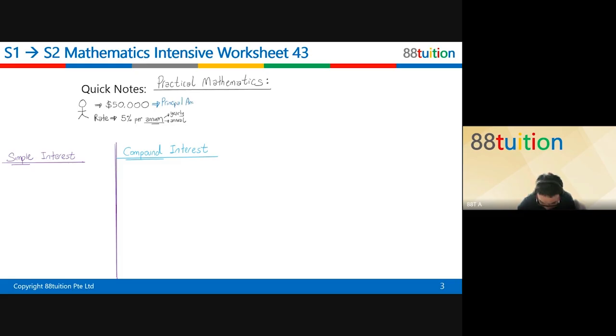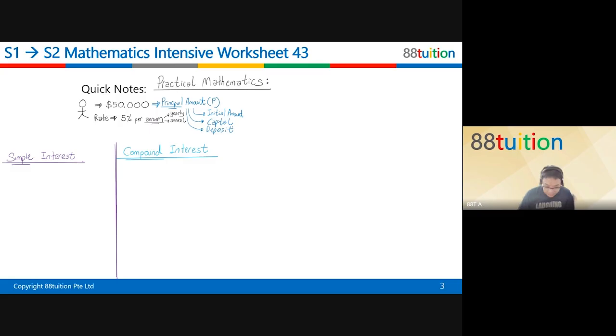And usually we write it as a P. Sometimes we can call it the initial amount, or sometimes the capital amount, even. So some of these words you must know. Or the question might say that this one is a deposit. Deposit means you put money in the bank. So these are some of the words they might use. Can?